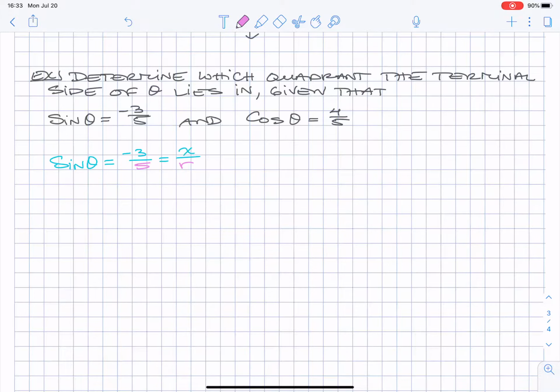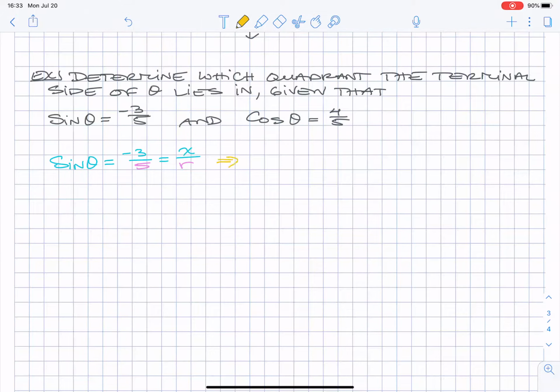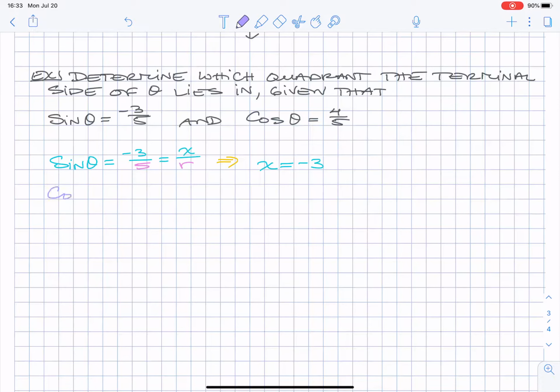So from this we know that x is negative 3. Then we're given that cosine of theta is going to be 4 over 5.